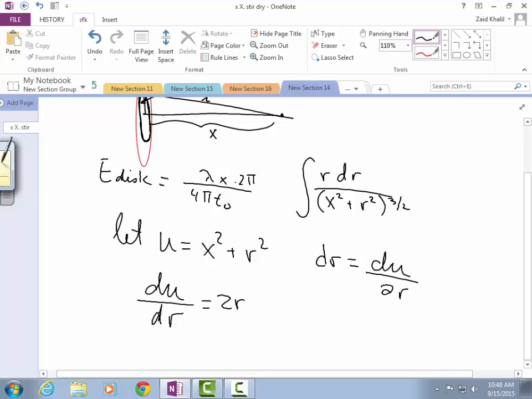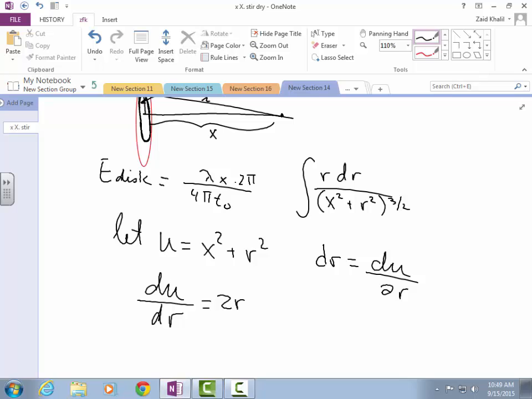Yeah, that's just differentiating u with respect to r. X is constant, right? That's just the derivative of u with respect to r.